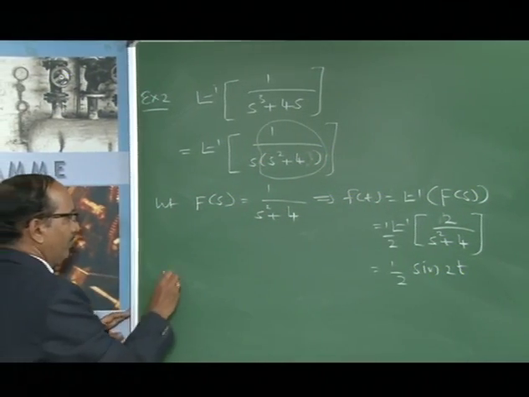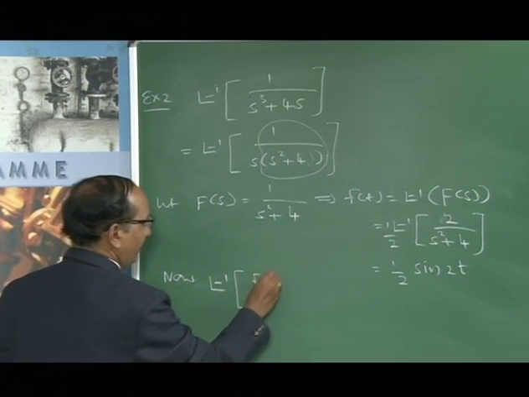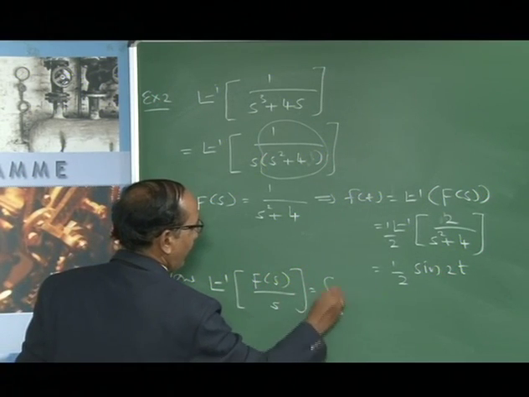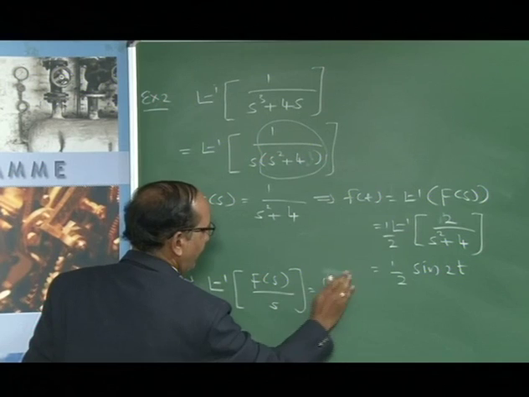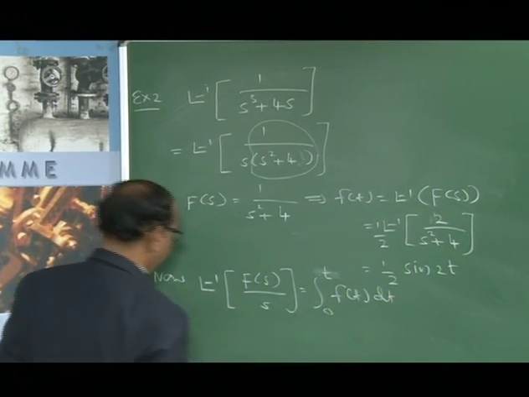Now, using the formula, L inverse of F of s divided by s is equal to the integration from 0 to t of f of t dt.